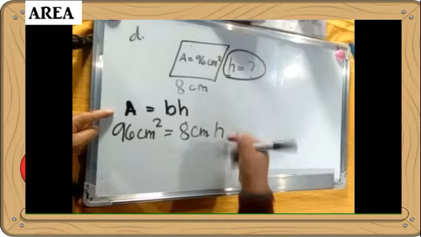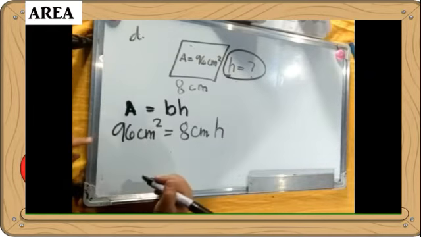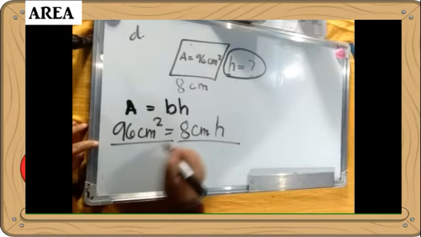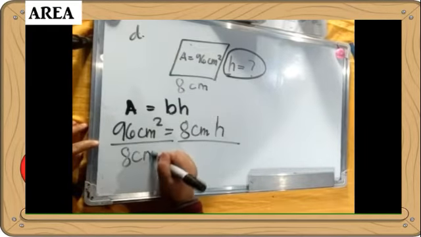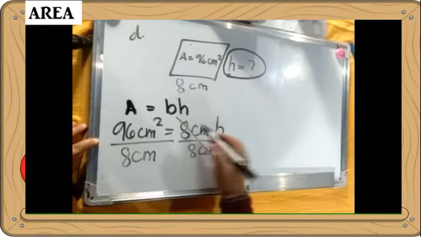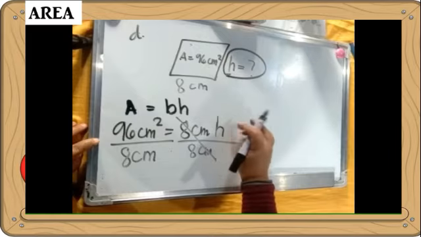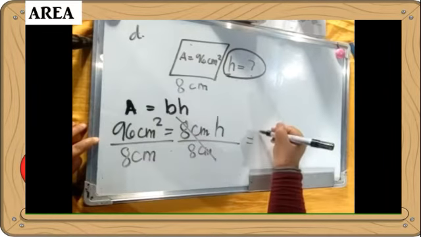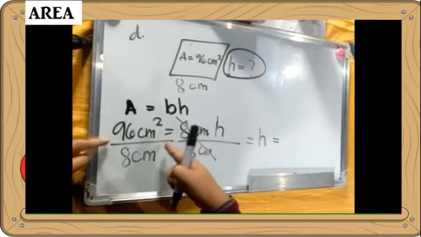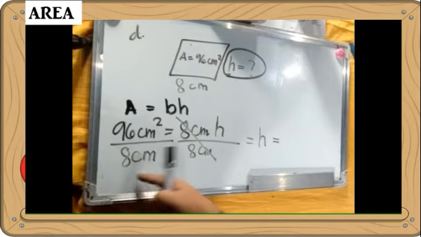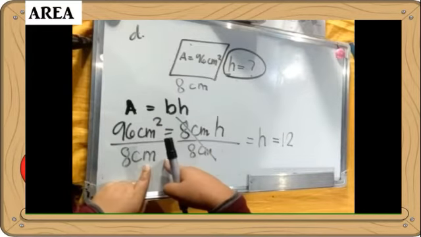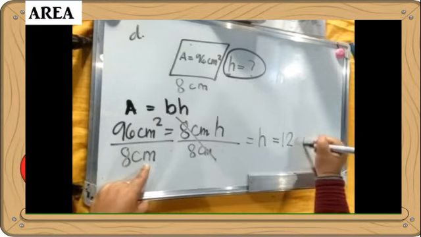Wala. So sulat lang na si H dara, okay? So, to get the height, we have to divide both sides by 8 centimeter. Ngano man? Para si height na, makancel ni sila dari, si height na lay mahabilin. Therefore, our height is equal to 96 divided by 8, we have 12. Centimeter square divided by centimeter is equal to centimeter.